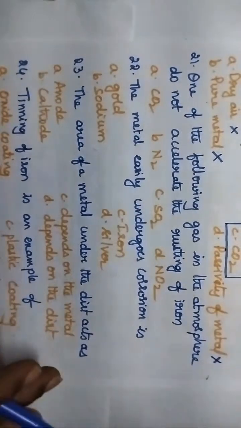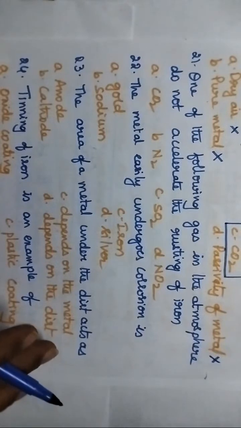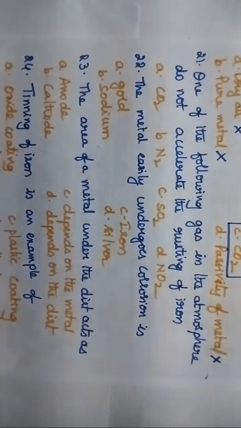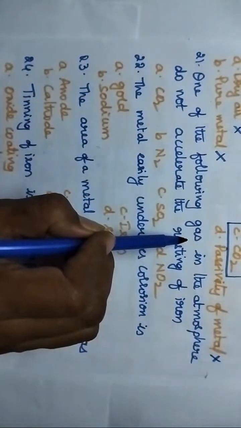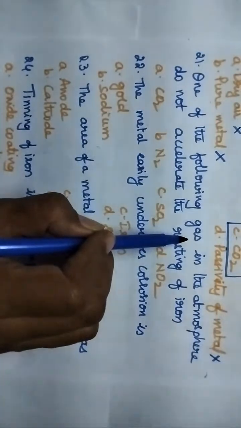Okay, Aditya. Moving to the next question. Pure metals undergo corrosion to the lesser extent. So that will not enhance the rate of corrosion. Carbon dioxide will increase the rate of corrosion. One of the following gas, listen to me carefully.